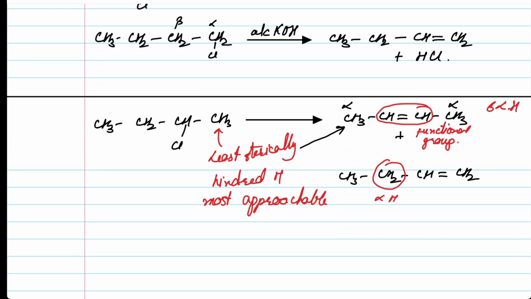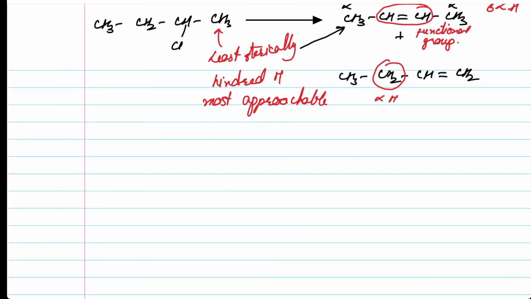If in an elimination reaction the major product is the alkene which has more alpha hydrogens, that is a more alkylated or more hyperconjugated alkene, it is the major product.